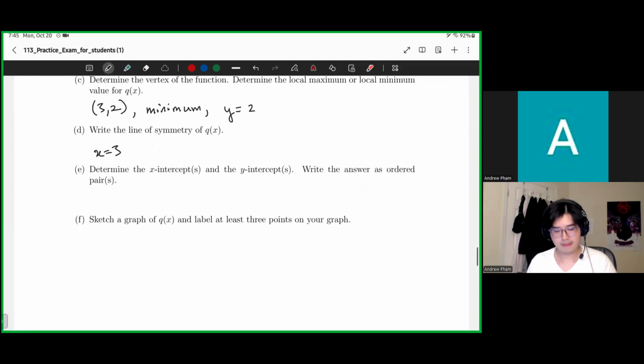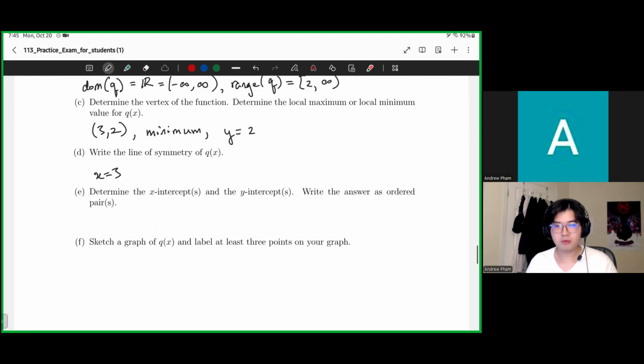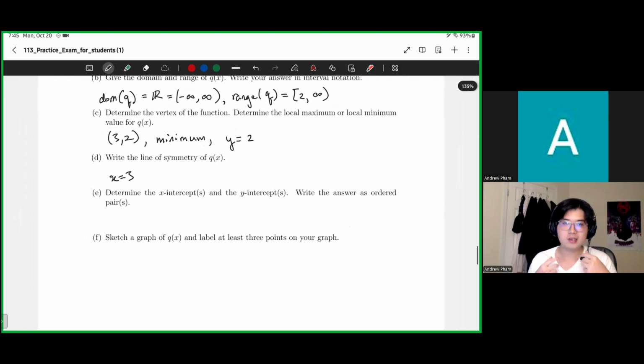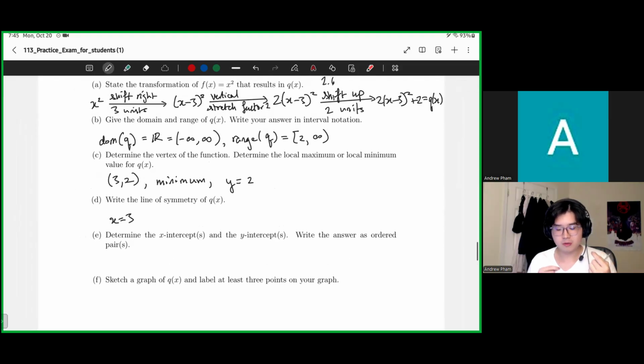And then for E, we want to determine the intercepts, the x and y intercepts. Now, since the range is 2 to infinity, we can already assert conceptually that there shouldn't be any x-intercepts. Think about the definition of the x-intercept, when y is equal to 0.